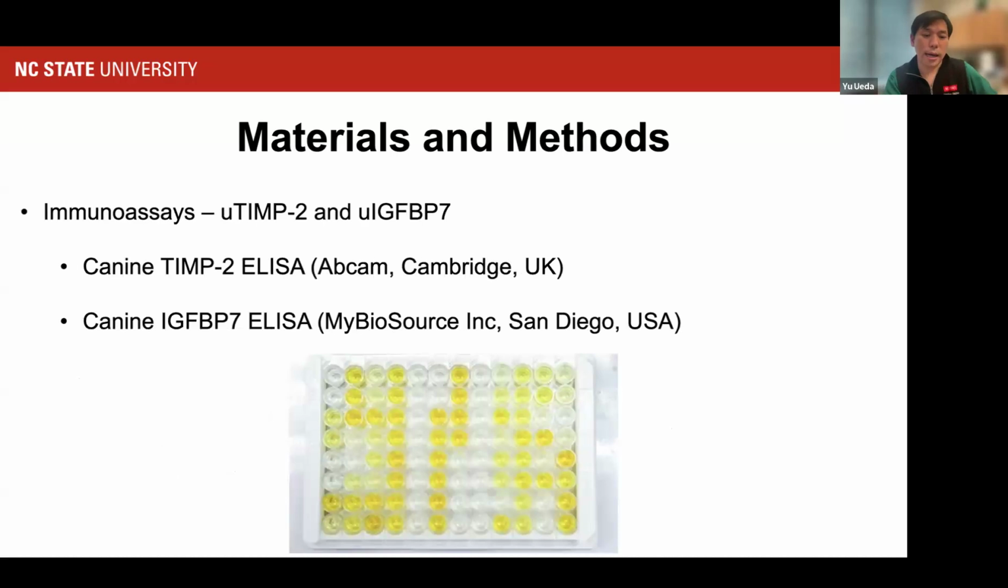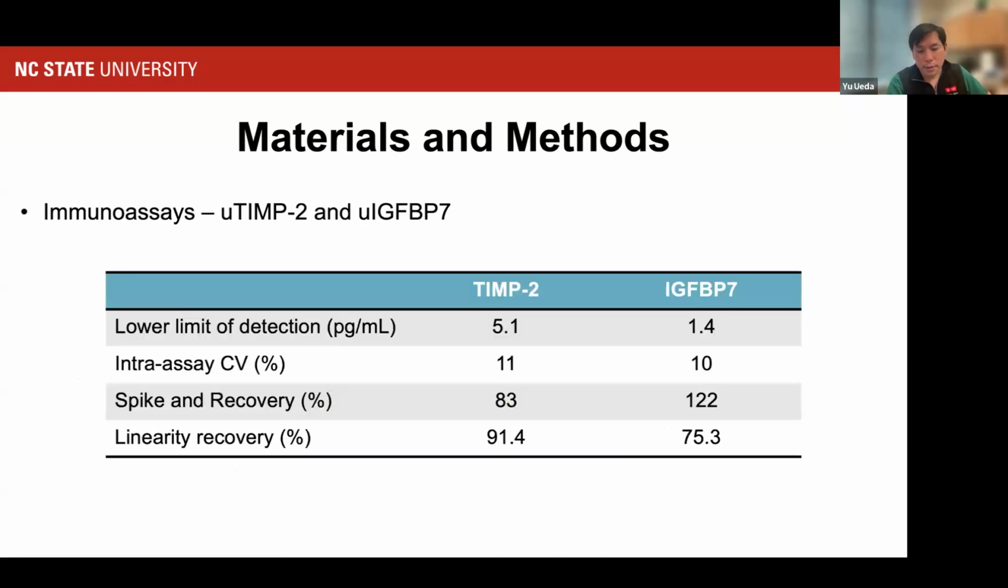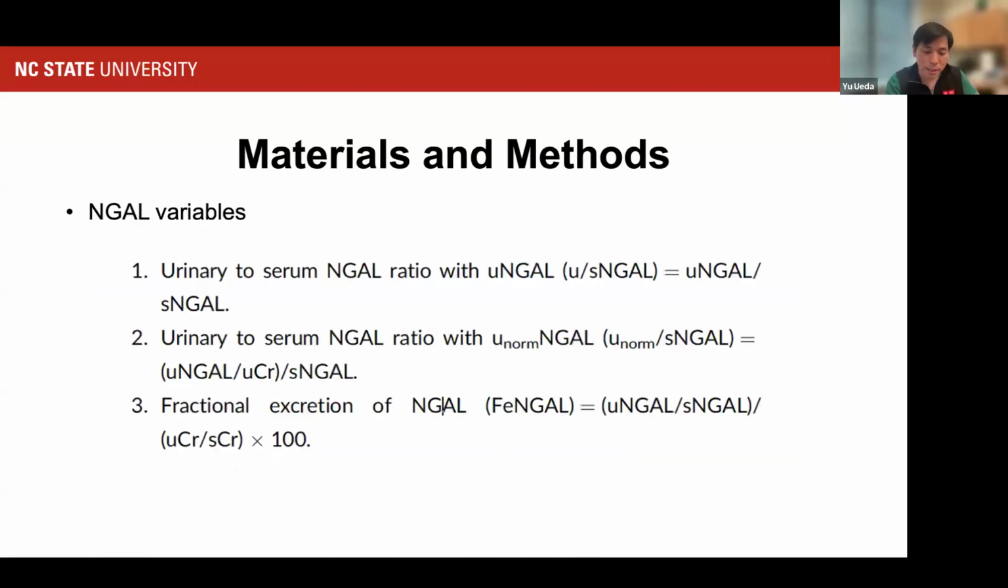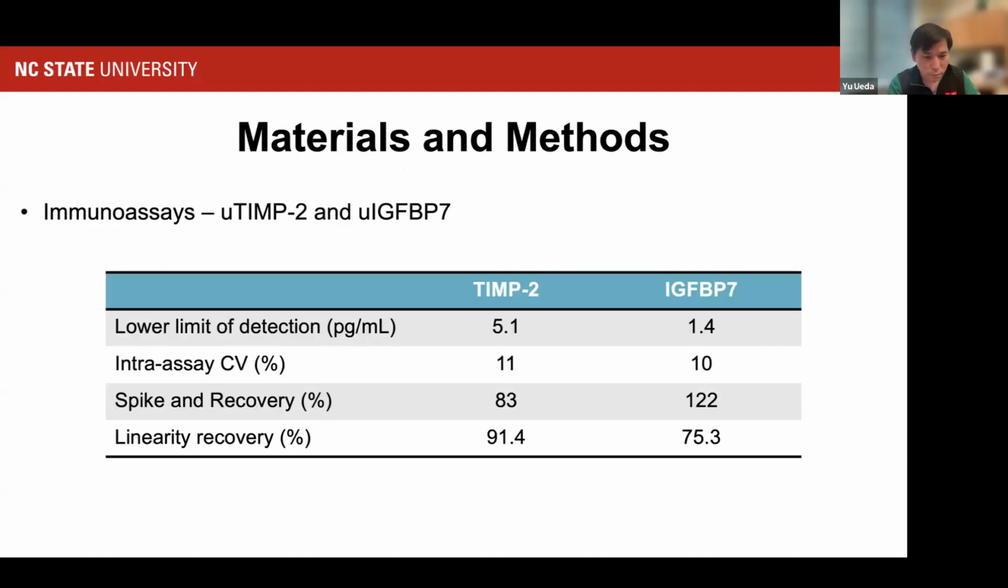They measured TIMP2 and IGFBP7, these stress markers, using sandwich ELISA, one from Abcam and another from MyBioSource. They did in-house validation of these kits using urine samples.